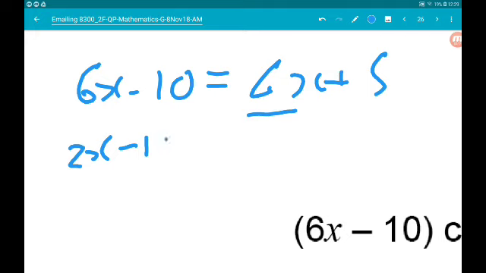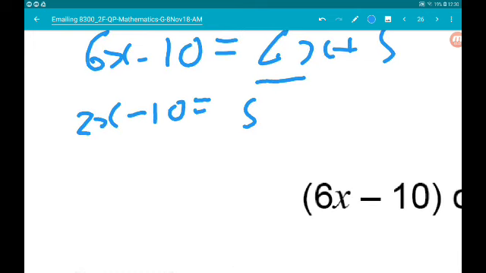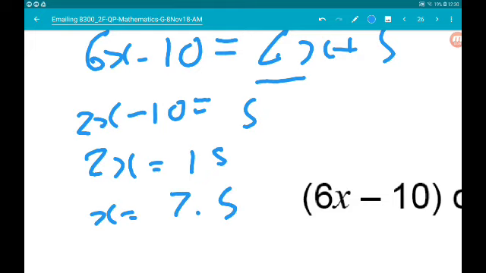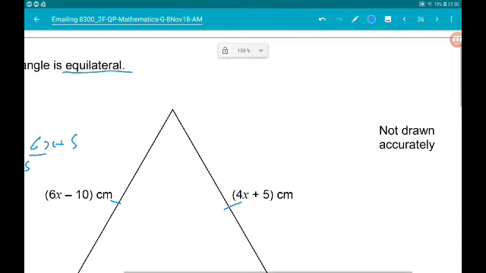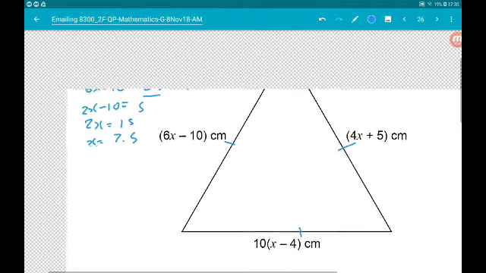So we get 2x take 10 is equal to 5. Now hopefully that's looking a bit nicer. Add 10, 2x is 15, x then is 7.5.